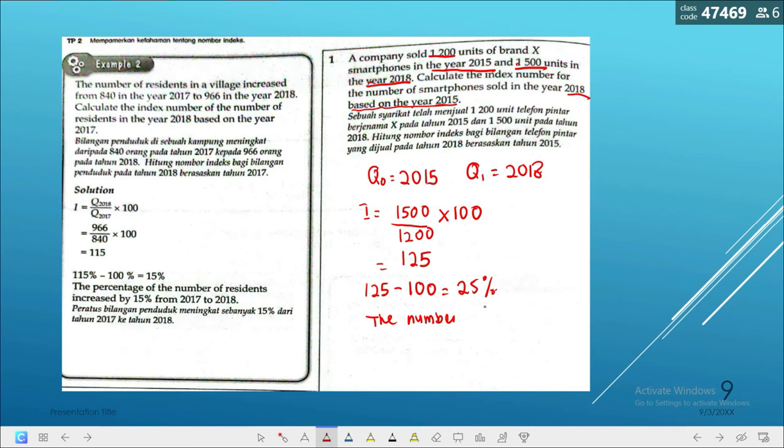So the number of smartphones sold is increasing by 25% from 2015 to 2018. Okay, so that's how you want to find the index number.